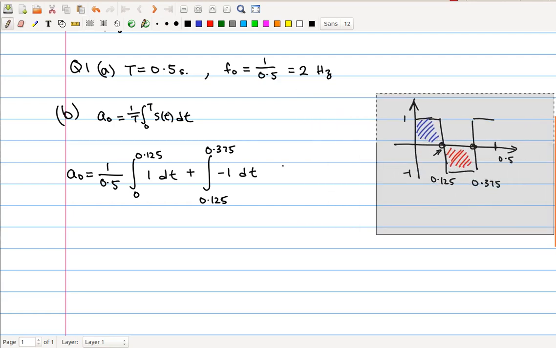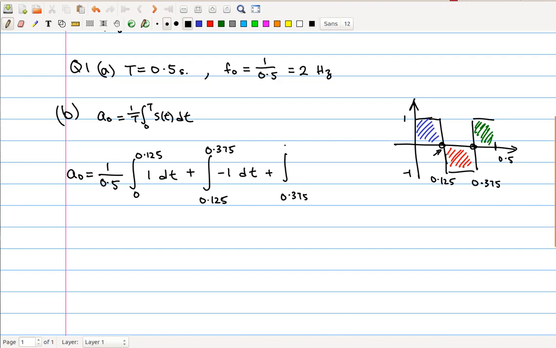Okay, and finally we have this region shaded in green, to account for. And to do that, it's the same thing. We integrate over, this time the lower limit is 0.375, upper limit being 0.5, amplitude of this being 1 dt.